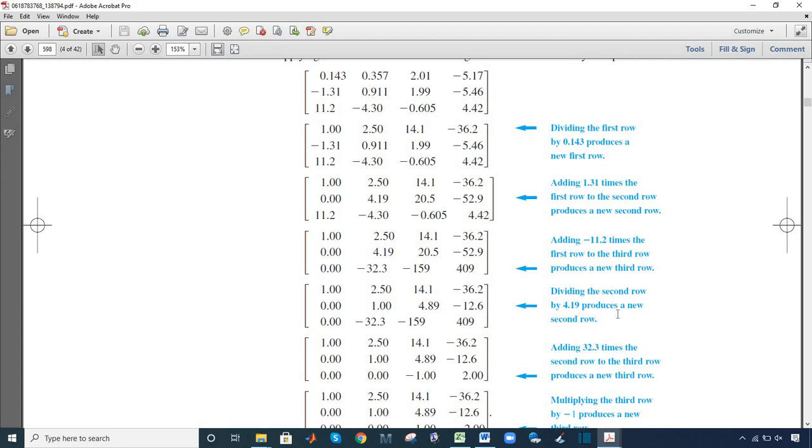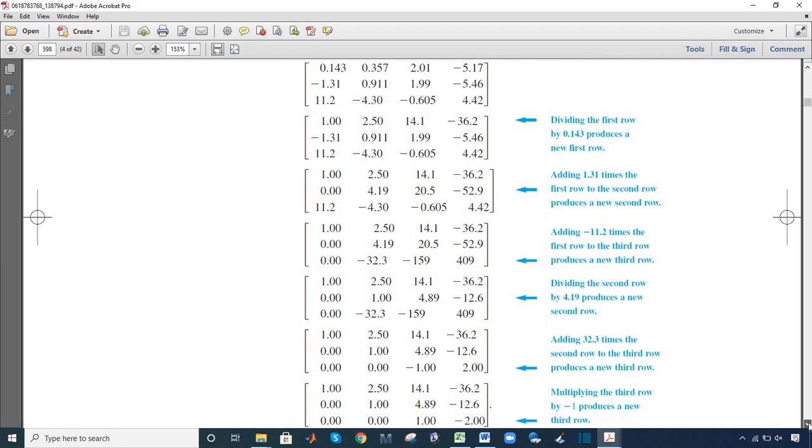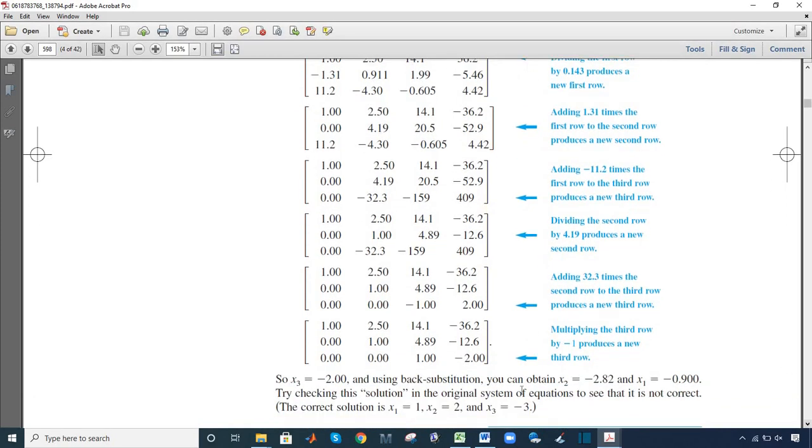These are the operations. You can do it by yourself, and in the end you obtain this type of matrix, and here x3 is equal to -2. When you put this value in this equation, you can get x2 and x1. This is a very simple method, Gauss elimination.